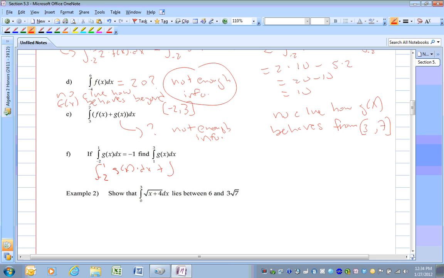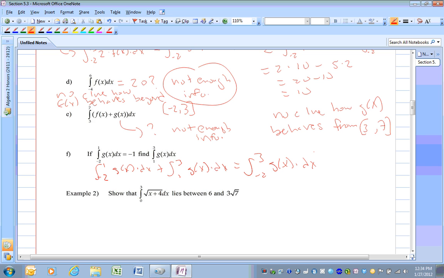If you did this, you'd agree that this has to be true. And we know 2 of these. We know the first integral, and we know the third one, right?